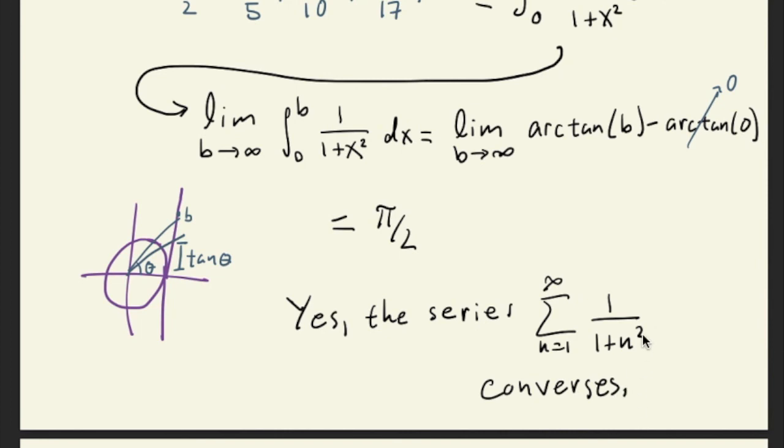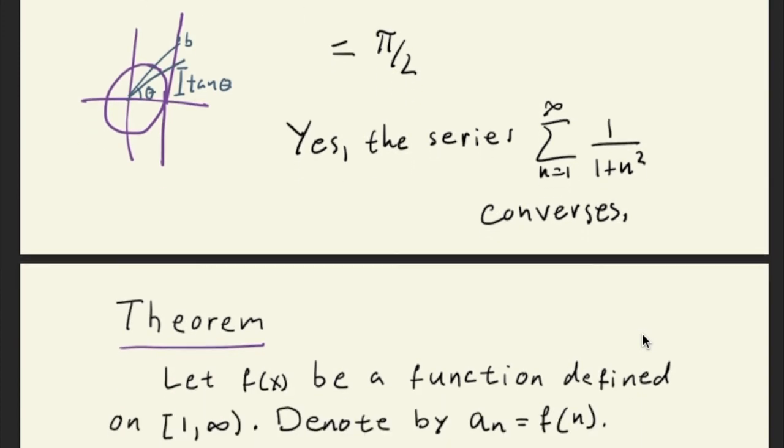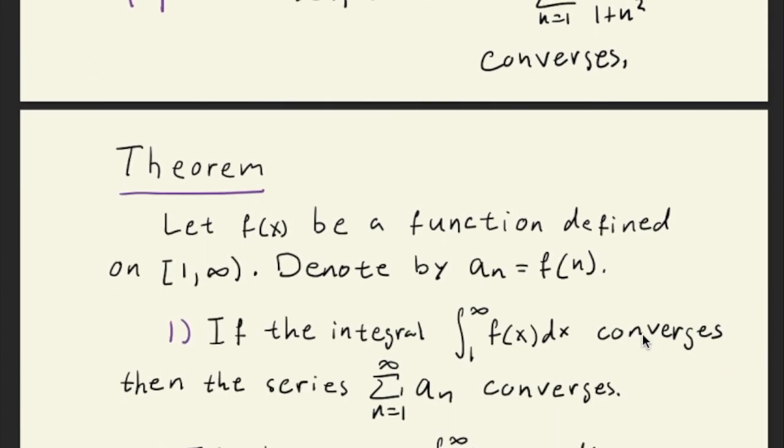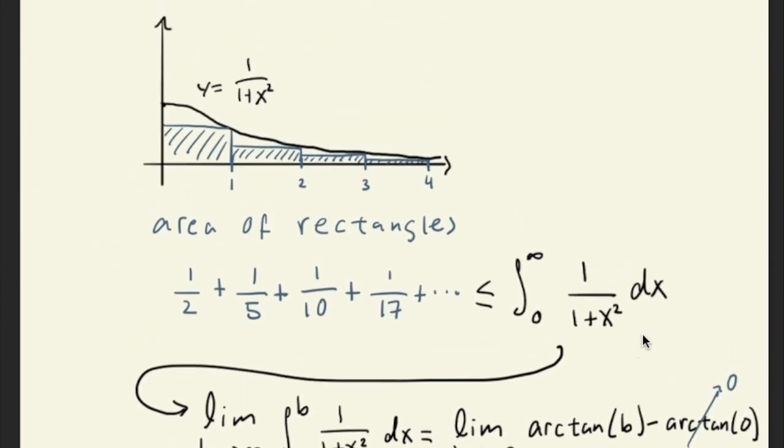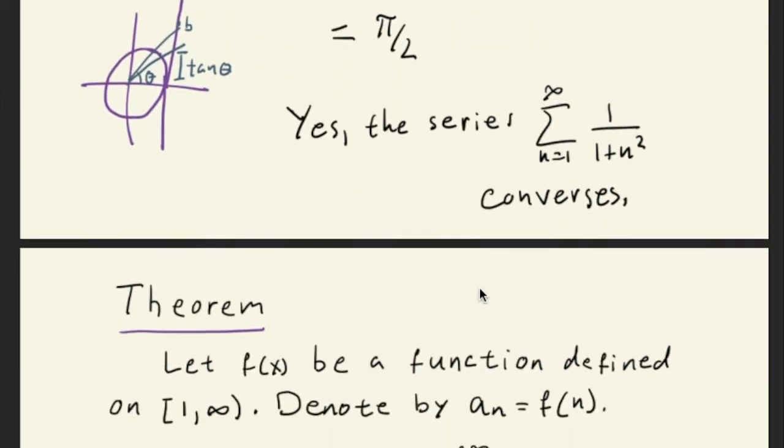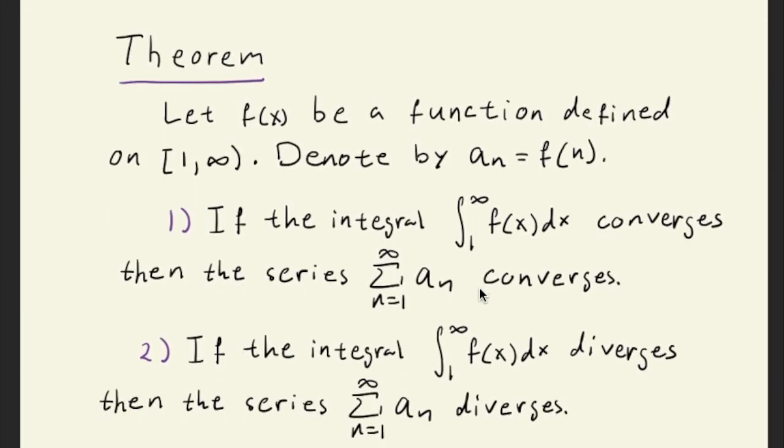All right, so I wrote here a theorem that kind of summarizes this idea, right, of putting the rectangles under the graph. So the theorem is this: if you have a function f of x which is defined from 1 to infinity, and you denote by a_n just f plugged in at the integer n, then if the integral from 1 to infinity of this function converges, then the series will converge.